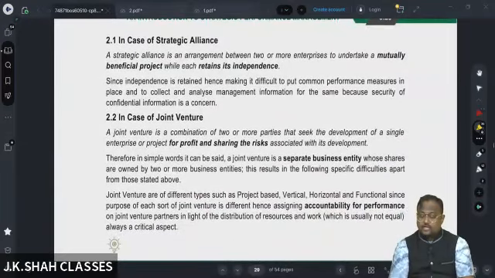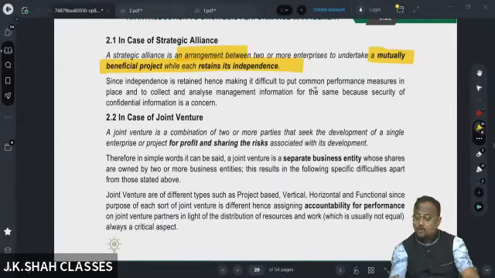In case of strategic alliance, it is basically an arrangement for a mutually beneficial project, while each retains its independence. Joint venture types. It's a strategic alliance. Since each retains its independence, it is difficult to put common performance measures in place.